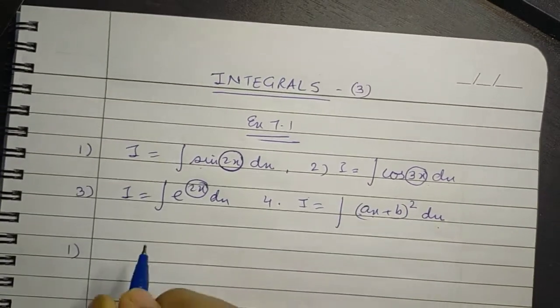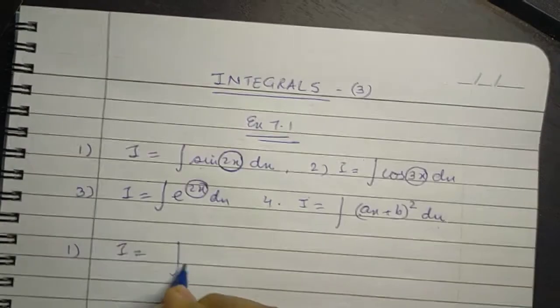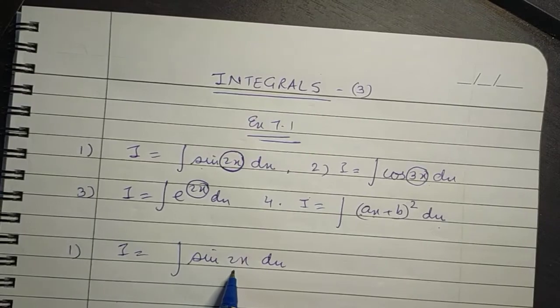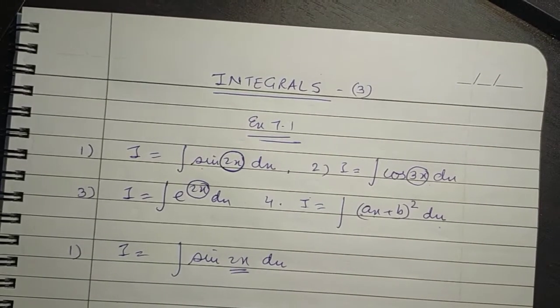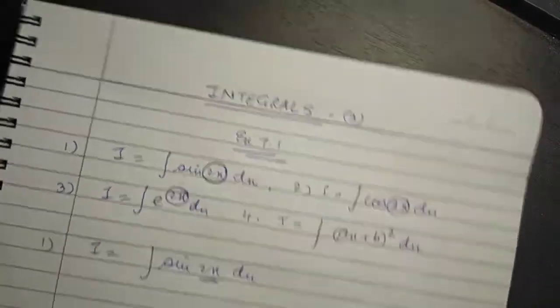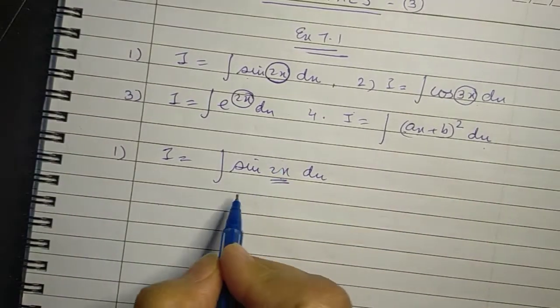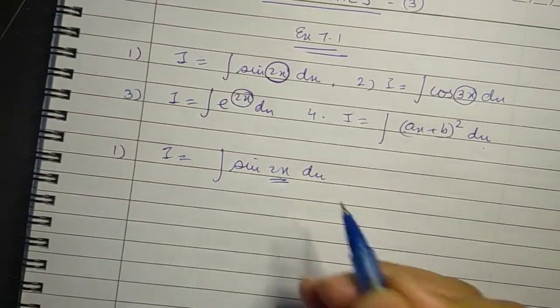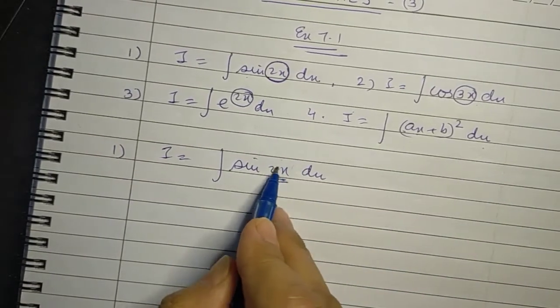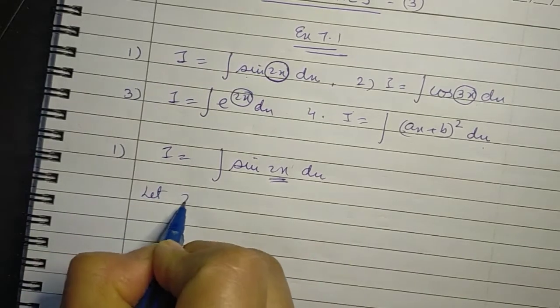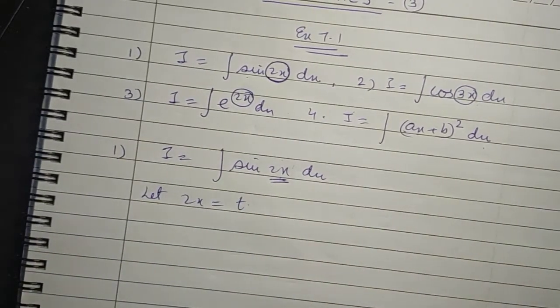Now, the first one: sine 2x dx. We need to convert it into the standard form to be able to use the standard results. For that, let us make a substitution: in place of 2x, let's write t. So let 2x equal t.